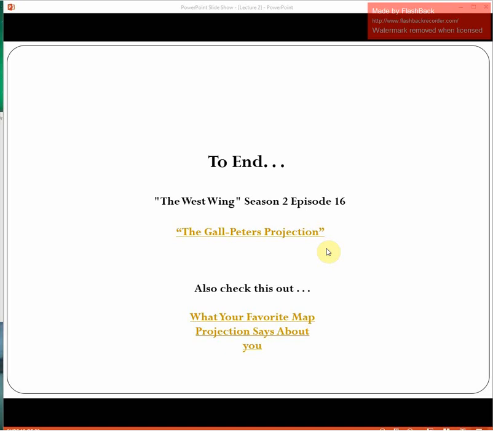There are a lot of things that can be hidden or disregarded or talked around on a political level, depending on how you're representing the Earth, so depending on what projection you're using. So check that out, and also you can look at what your favorite map projection says about you. It's a funny little way to learn a little bit more about these different projections. I'll also have a few more links up on the course page about some really neat map projection animations.